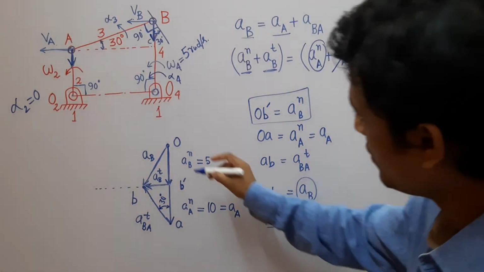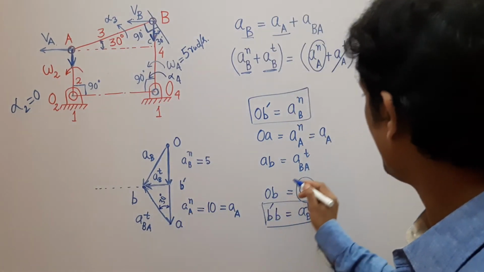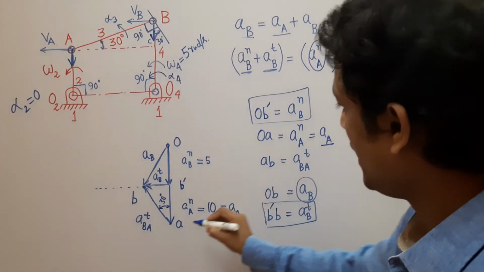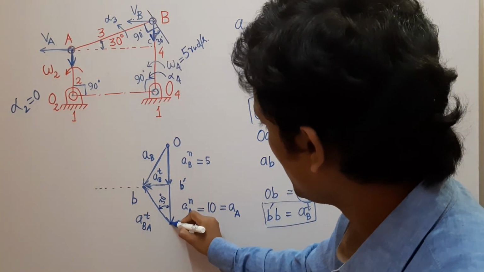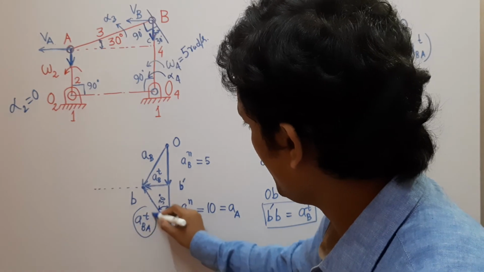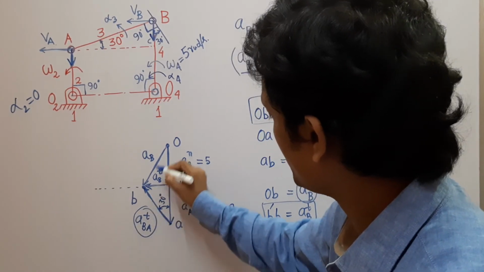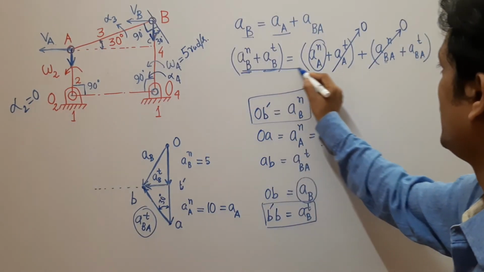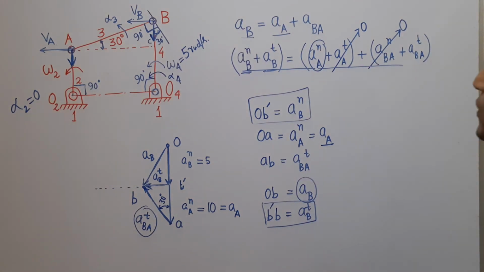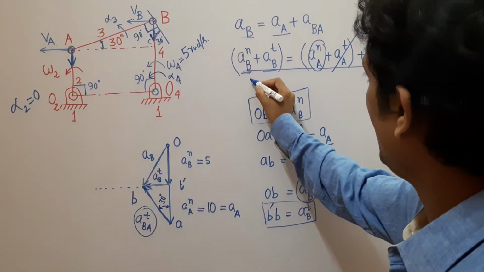And here OA is AA, plus this ABT, becomes OB. That satisfies the vector equation. What is the vector equation? AB.